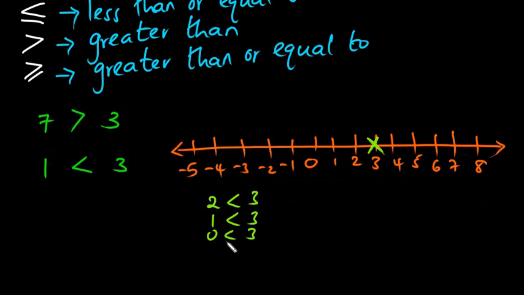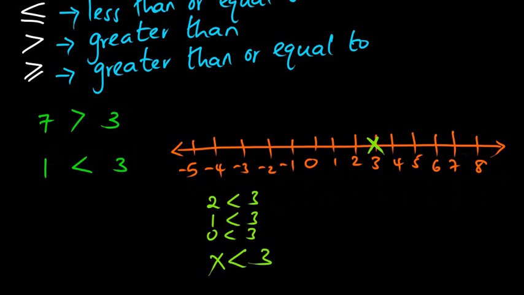So we can just name any number as x. x is going to stand for any number that is less than 3. It could be 2, it could be 1, it could be -5, it could be -20, all those numbers that are less than 3.